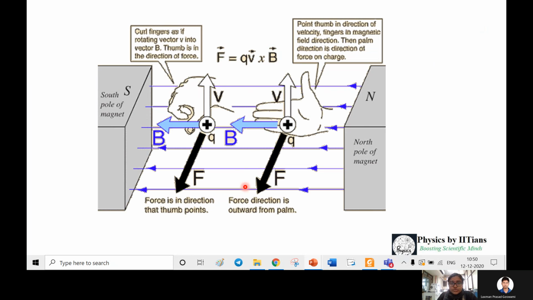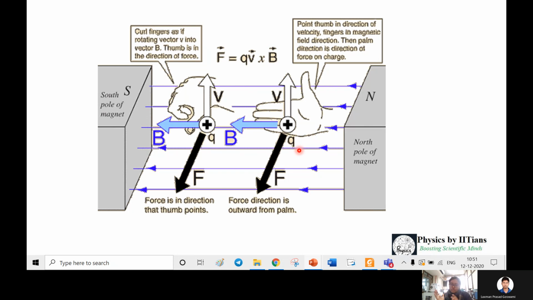So friends, with this formula, Q V cross B, you can find out the force direction, and from there you can easily find the cross product and the force direction. Okay, so this is the motor principle also. The force in this case, B cross B, will be in the direction the thumb points, and the force direction is outward from the palm, and they will give you the same direction, just the cross rule.